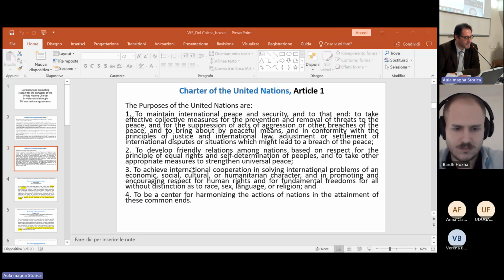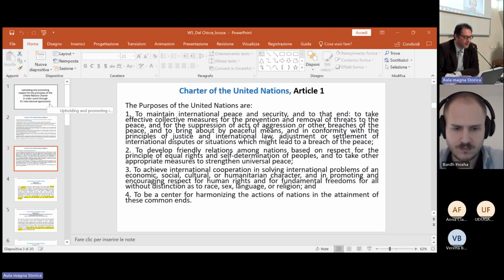Another purpose that must be underlined is that provided by paragraph 3: to achieve international cooperation in solving international problems of an economic, social, cultural, or humanitarian character, and in promoting and encouraging respect for human rights and for fundamental freedoms for all, without distinction as to race, sex, language, or religion. Okay, these are some of the purposes of the United Nations. There is also paragraph 4, but it's not so relevant for our discussion.